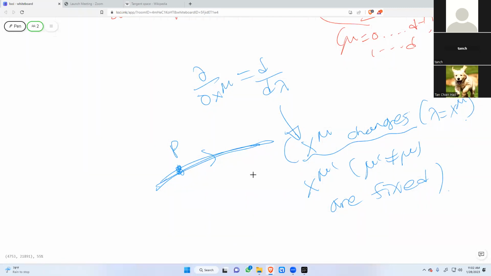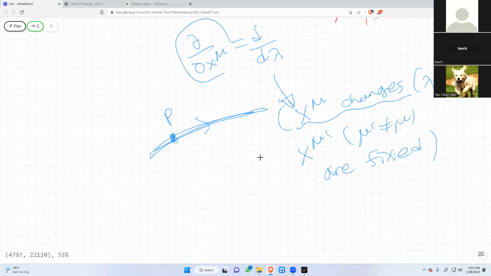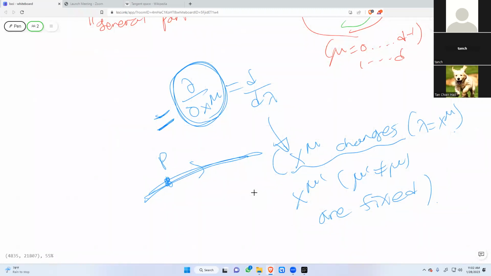So what this tells us is that we can take this to actually mean a vector, which if I were to write it as an arrow, I could write as e mu, right? Because this is a vector.